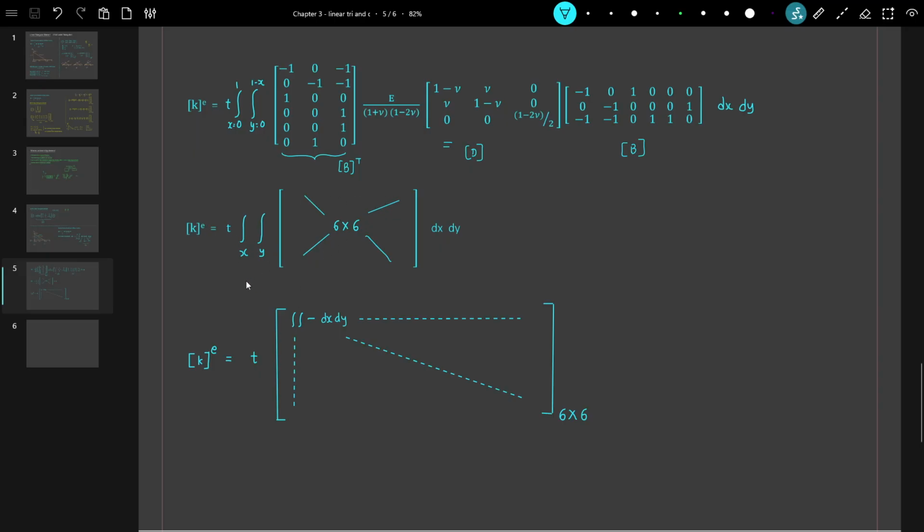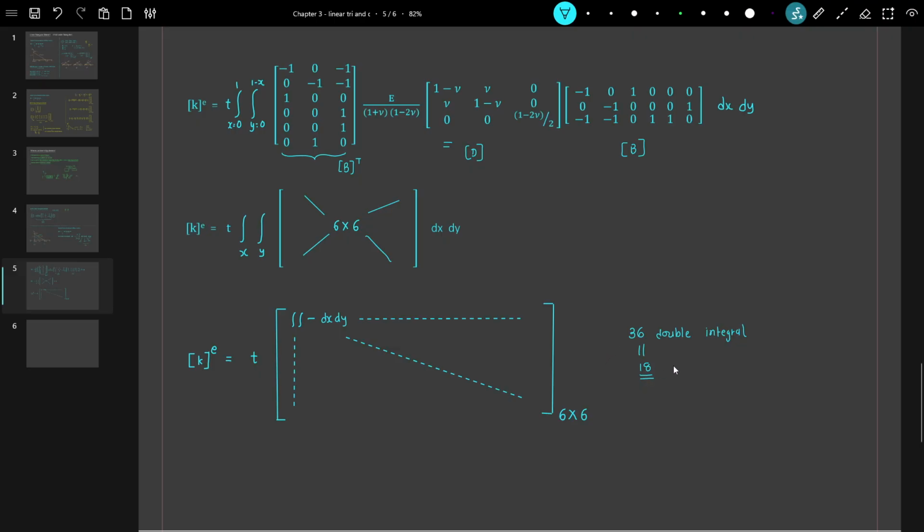So t will remain outside, and this double integral will go into each component of the matrix. Similarly, we have 36 components, so there will be 36 double integrals. This is only for one element. Though we know the element stiffness matrix is symmetric, we still have to compute at least 18 double integrals.